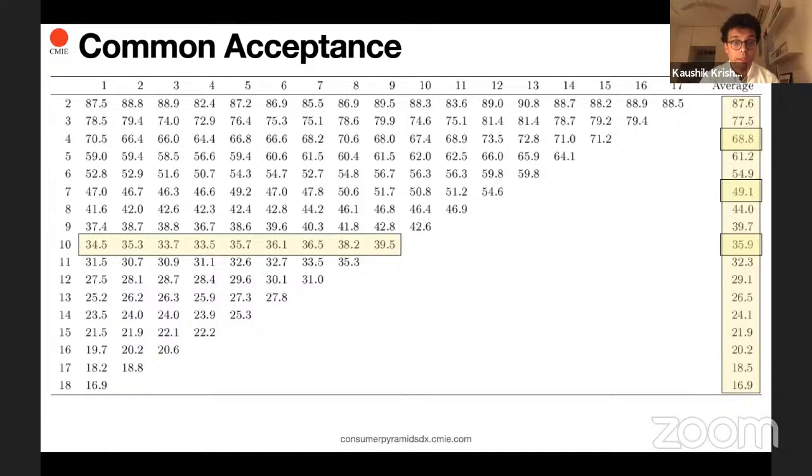The rows are the constituent components of that average. So what row 10 is saying is there's a 34.5% chance of survival if you were in wave 1, 35.3% in wave 2, etc. And that number is going up. If you're in wave 9, there's a 39.5% chance that you survive 3 years. This is the point I made on the previous slide: over time, the likelihood of surviving for any period, in this case 3 years, is increasing as our ability to conduct the survey improves.